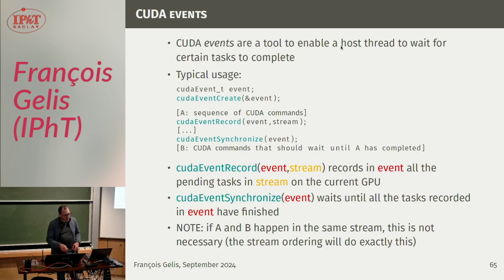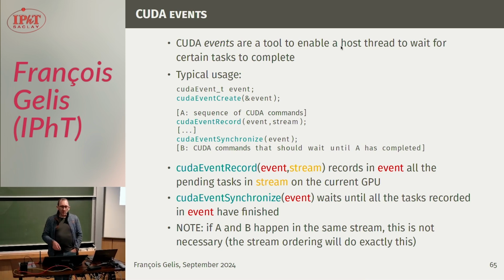For doing this, there is the notion of CUDA events. It's a tool that can be used to ask the host thread to wait for certain tasks on the GPU to be complete.